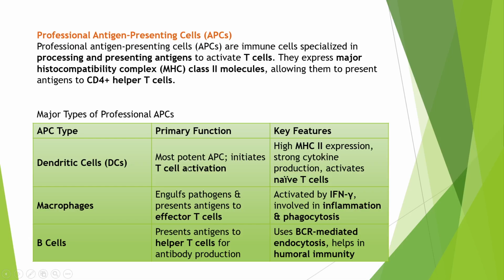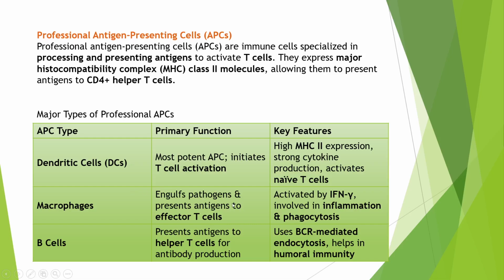Their primary function is antigen presentation. Dendritic cells are the most potent APC and initiate T cell activation. They have high MHC class 2 expression and strong cytokine production, and activate naive T cells.